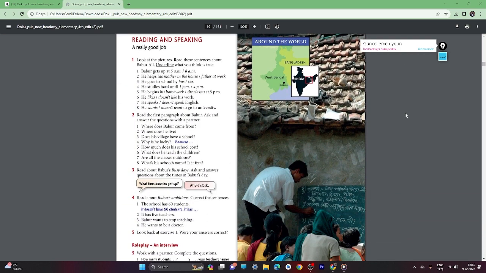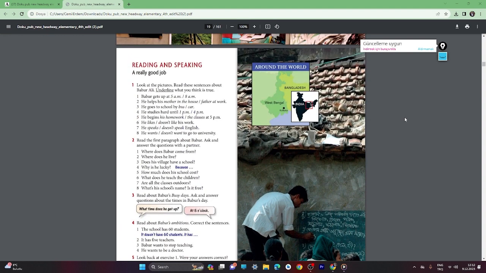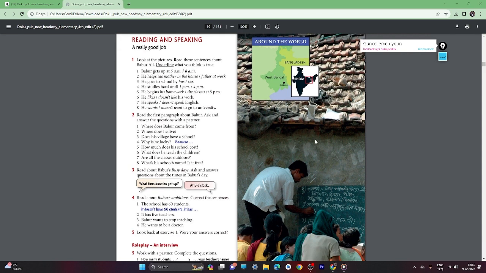So let's go to page 18, and on this page we are going to read a lot and try to make some conversation. So I want you to look at the pictures, read these sentences about Babur Ali, who is from India. Underline what you think is true. So these are the pictures where he lives.